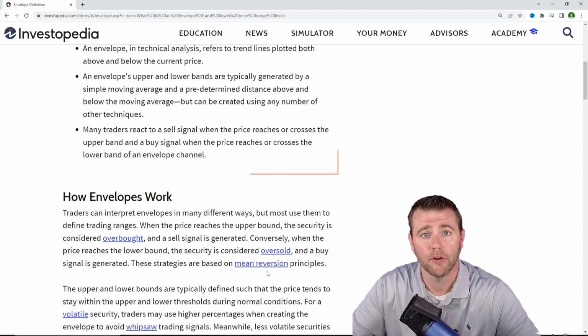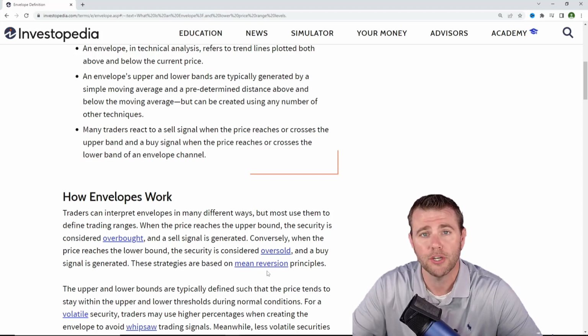So if you're looking for a time to take your profits, when it breaks above that upper band, that's a time that you want to start tightening up your stops and consider locking your profits in, because most likely price will start reverting back to that mean, the 20-day simple moving average, aka pulling back. Or if you're looking for a new entry, when the price goes below that lower part of the envelope, it will typically revert back to that 20-period simple moving average or move higher once again, giving you a nice trading opportunity.